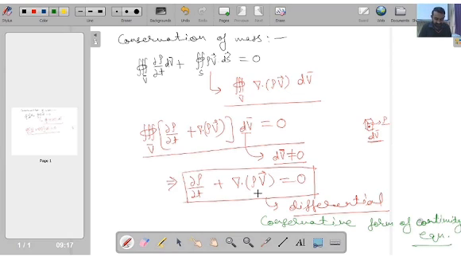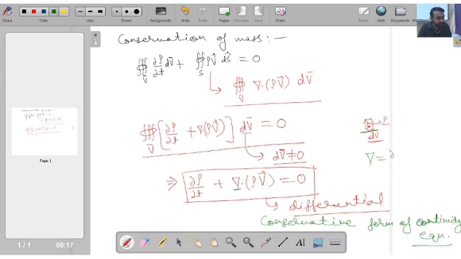Now this particular form is applicable for a control volume which is fixed in space. So here you have this control volume fixed in space, and within this there is variation because of time as well as variation because of the spatial coordinates.